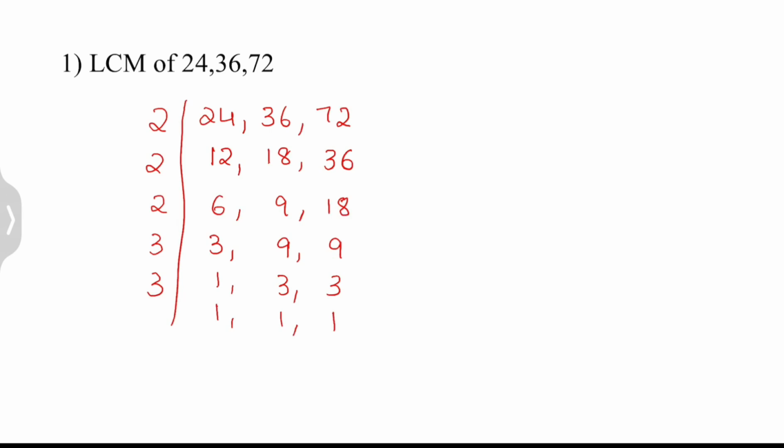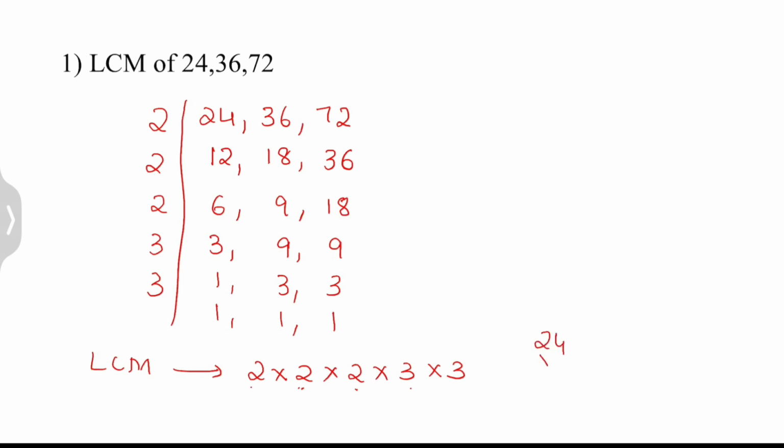Whatever numbers are there in the left hand side, we have to multiply all, and that gives us the LCM. So it is 2 into 2 into 2 into 3 into 3. So 2 2s are 4, 4 2s are 8, 8 3s are 24, 24 into 3.